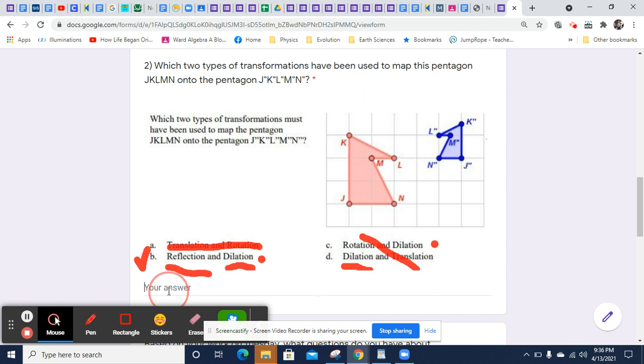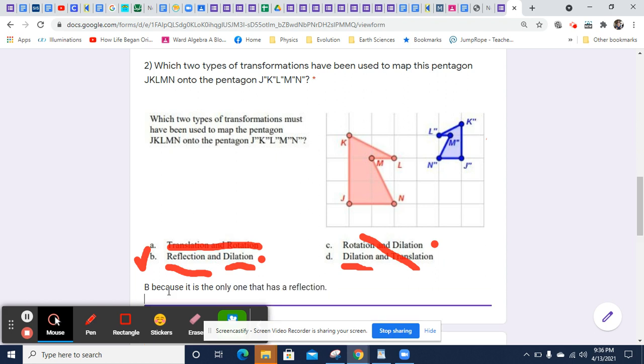So let's go ahead and say B, because it is the only one that has a reflection. Okay, and I'm going to add, we will test out the dilation in class with a better line drawing tool.